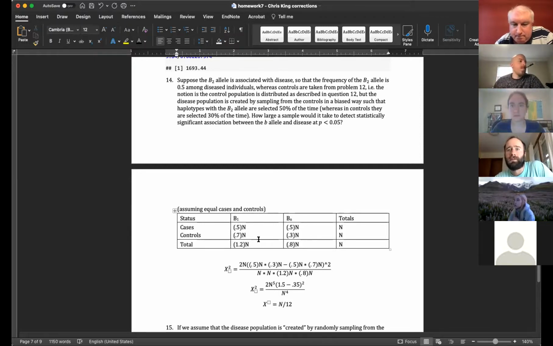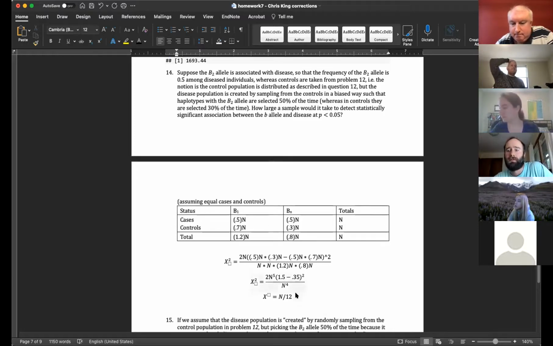And then you plug into the formula for chi-square these statistics, and I believe that is 2n times this times this, or this times this, and this times this squared divided by this times this times this times this.